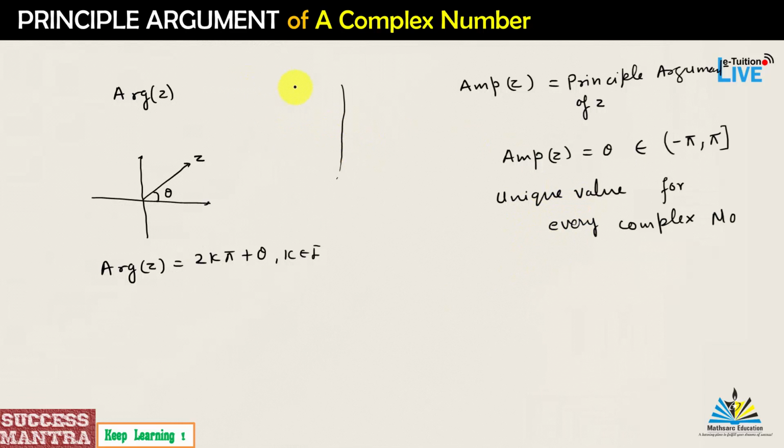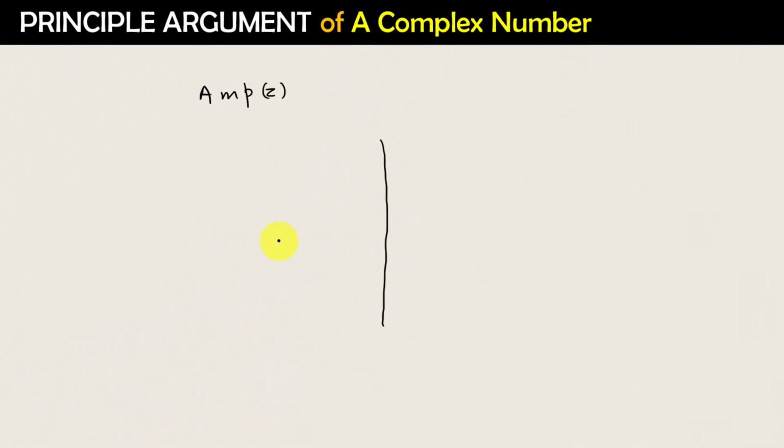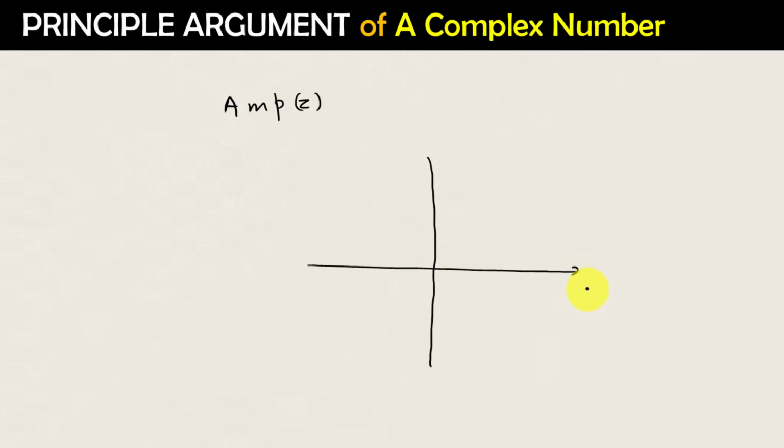Let's understand the principal argument in general. So here we are understanding amplitude of z. Let's say this is the Argand plane, positive real axis, and this is imaginary axis. If we have a complex number z here in the first quadrant, then radius vector will be like this and angle will be measured in this way.